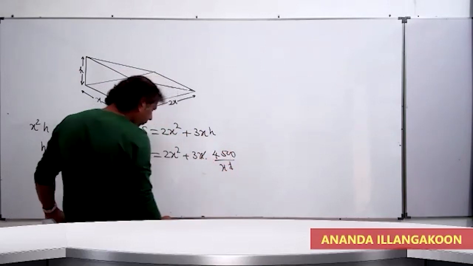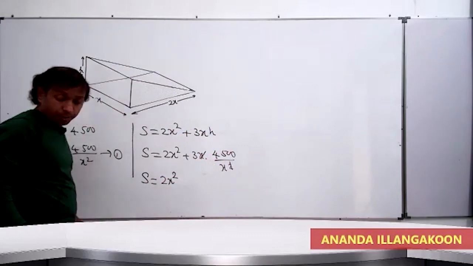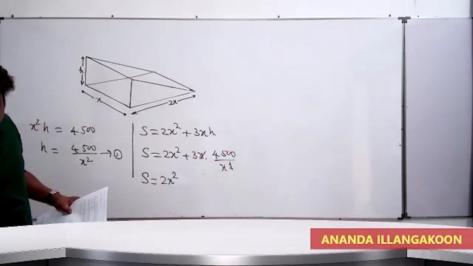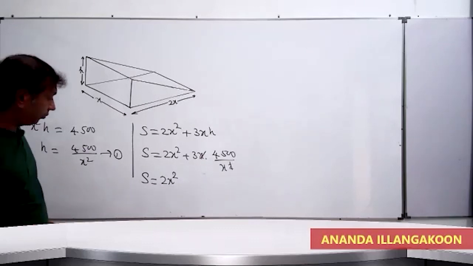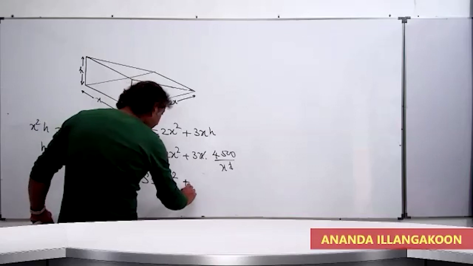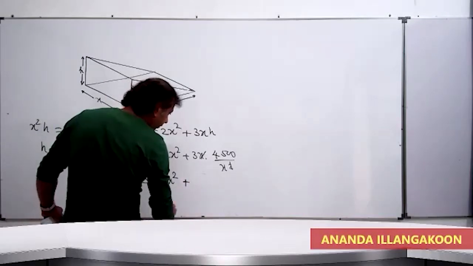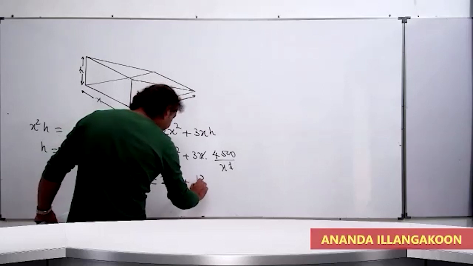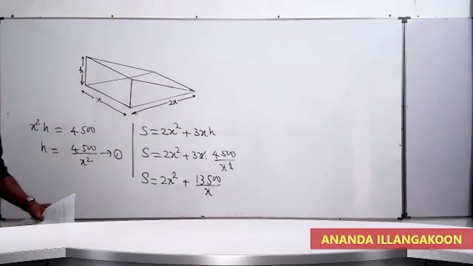One x we can cancel down. 2x squared plus 3 into 4,500, no? 13,500 divided by x is S.